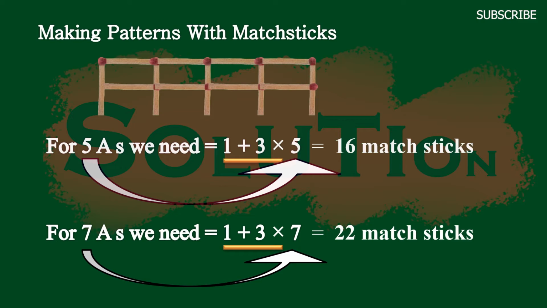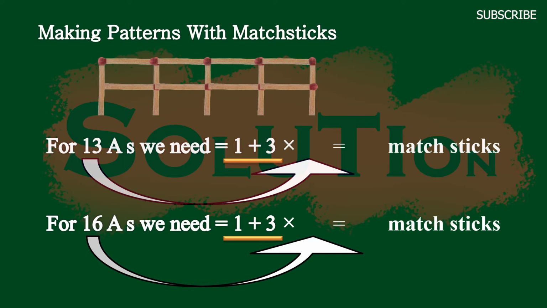So for 13A, can you guess what will come? 1 plus 3 into will definitely be there, and after 3 into it will be 13. For 16A it will be 16.